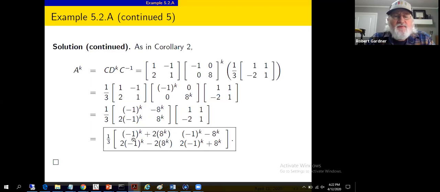Maybe one quick observation: negative 1 to the k is either 1 or negative 1. If k is even, it'll be positive 1. If k is odd, it'll be negative 1. So I could write the negative 1 stuff a little differently, but I'd have to break it into cases of k even and k odd. This is the cleanest way to present the solution.